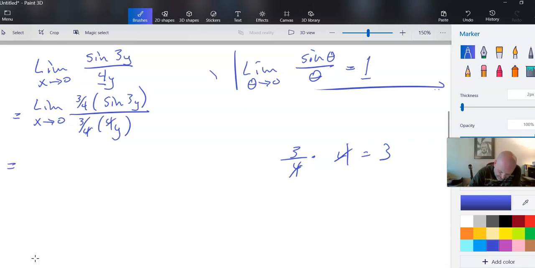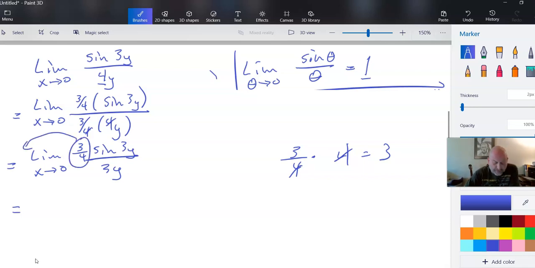And now what I have is the limit of 3/4 sine 3y over 3y. Well, with constants, I can take a constant and just pull it to the front as long as it's an actual factor. This is the same as 3/4 times the limit as x approaches, oh, I'm saying x and writing y.